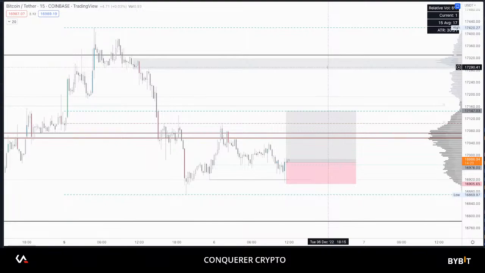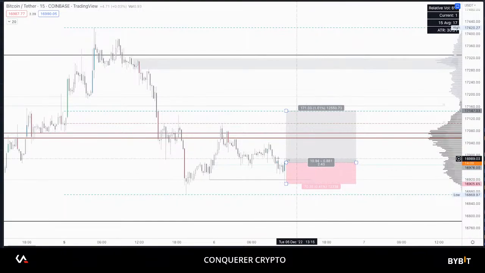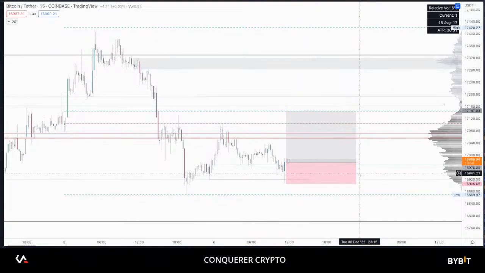You don't need to go full ape on every trade. If your position size is like 10 BTC or 1 BTC, let's say, just use 0.2 BTC here. Or depending on the size, you don't need to take the full size on the risk also. If your risk is $1,000, for example, you don't have to take the $1,000 risk here. You can just take $500 risk.